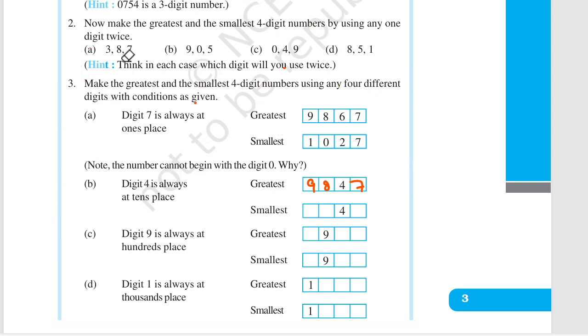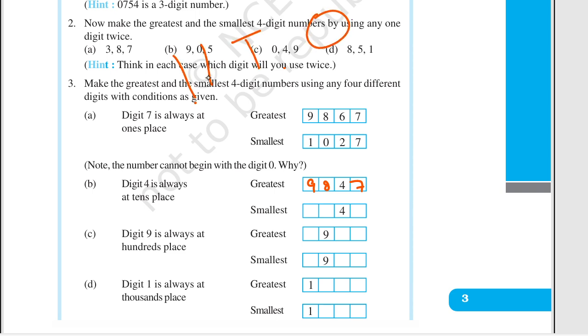Now we have to find the smallest, so again we write ones, tens, hundreds and thousands. We have to check the smallest digit, but 4 will always be there in the tens place, so 4 we have written. The smallest digit is 0, but we cannot use 0 in the starting, so we will use 1.